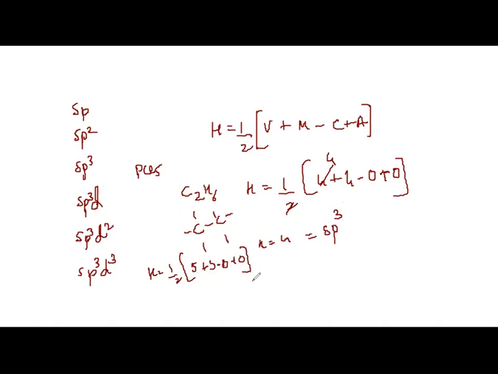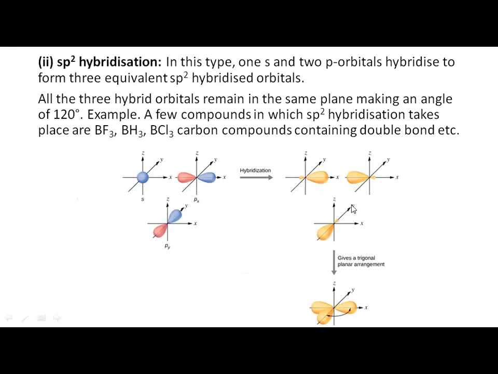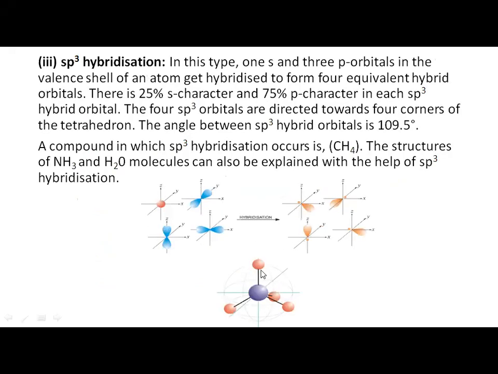So H is equal to 5 means what? It is sp3d hybridization. Yes or no? So this is how we can predict the hybridization of different molecules as we have discussed in our previous class.